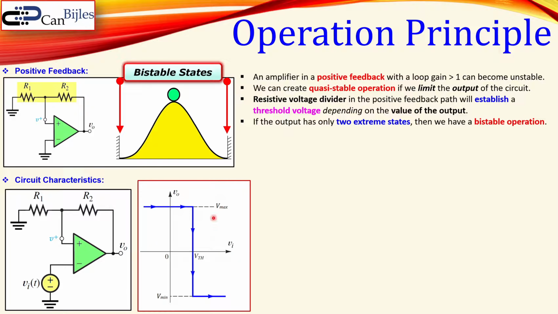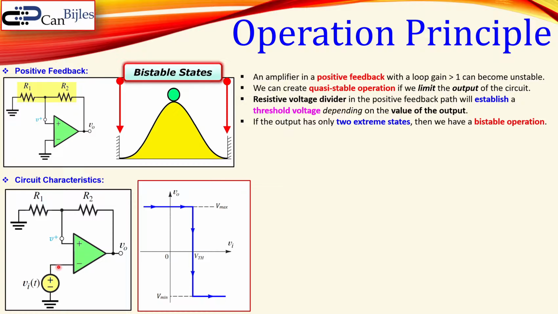So in the first case, let's say that we have the VI over V out characteristic as shown here. We can say that our input voltage starts at some negative value and is increasing actually. That is this blue line, and then at that moment the output voltage is at this high state. Why? Because this is a lot smaller than that one, so the op-amp is clamped to its maximum possible value, which is then V max.